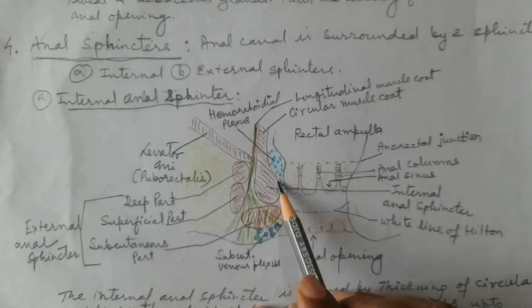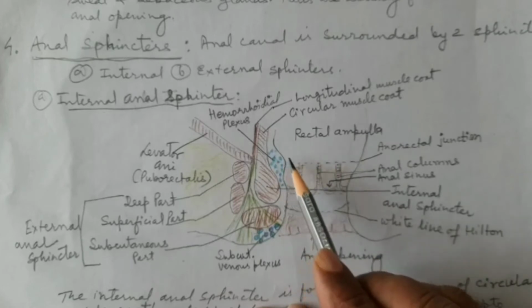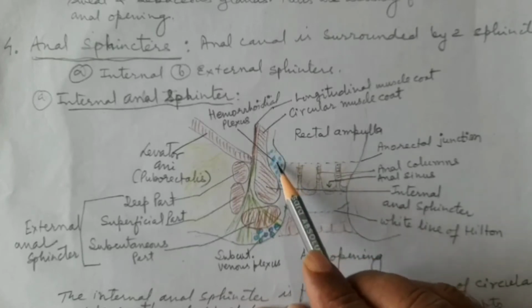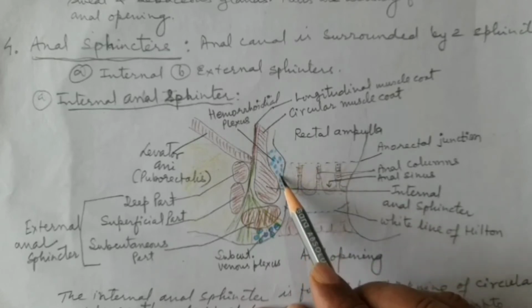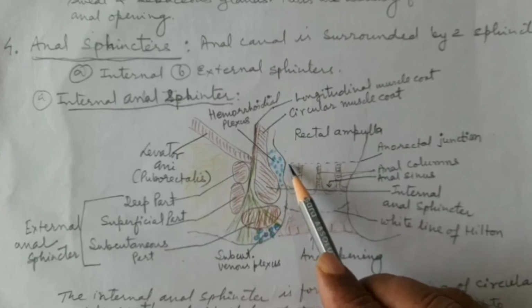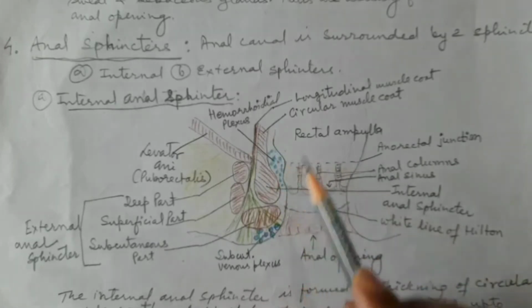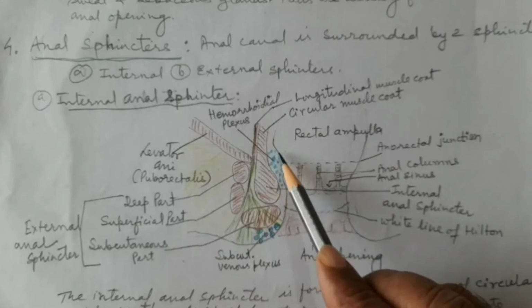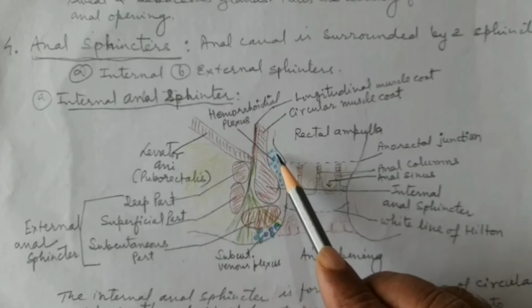And deep to the internal anal sphincter here, extending into the mucous membrane or mucosa of the lower rectum and the upper anal canal, just at this anorectal junction, there is a large collection of venous plexus, that is, the veins form a plexus.